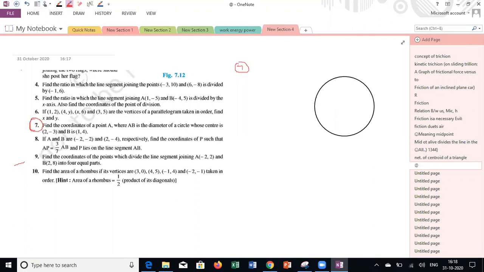And there is a diameter, and the diameter is AB. They gave the center C, where C is (2, -3) and B is (1, 4). So assume A is (x, y).